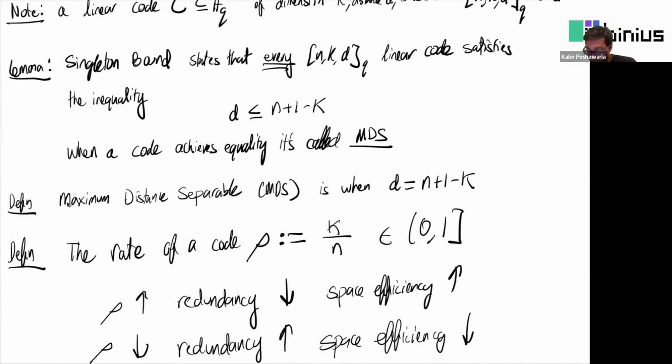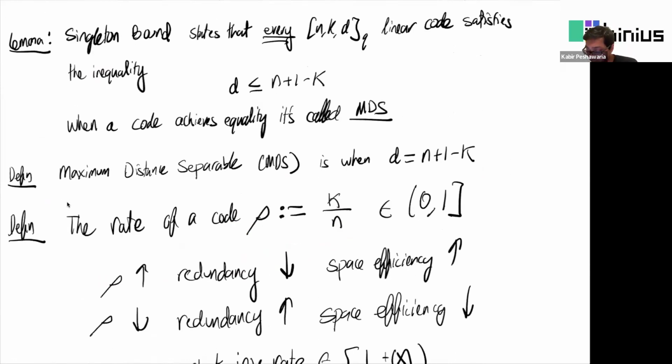And the rate of a code, rho, is defined to be k over n. It's a measure of how space efficient this code is, how little redundancy it has. So take a look at these relationships. The rate of a code is a value in 0 to 1, exclusive on the 0, of course.